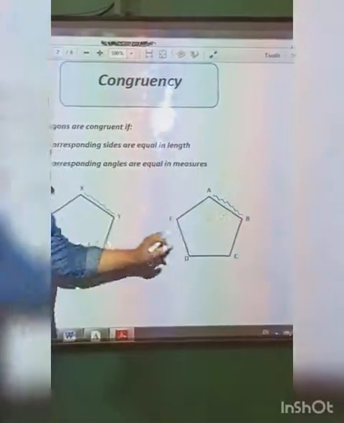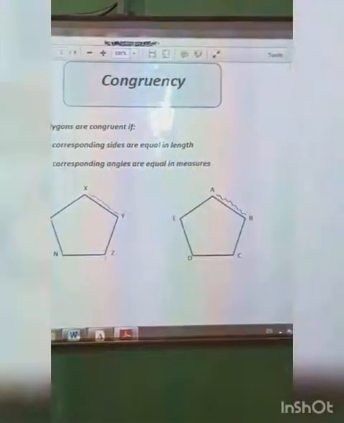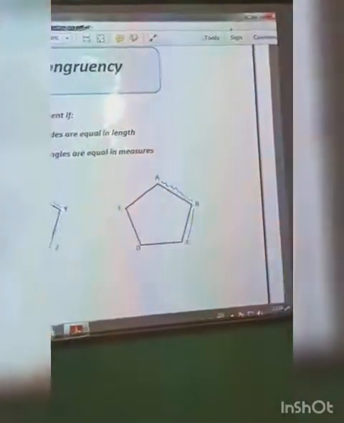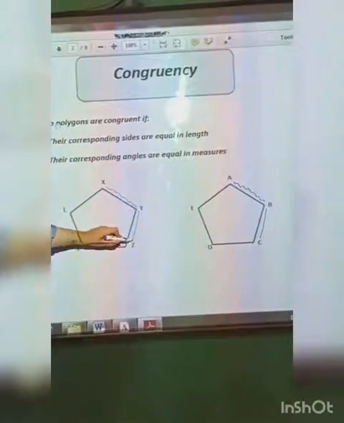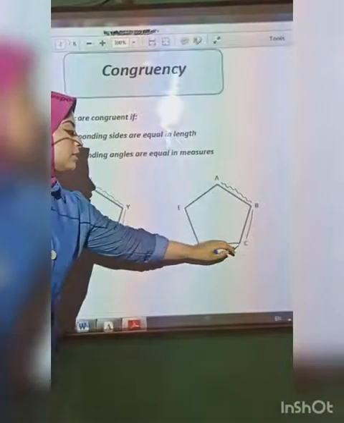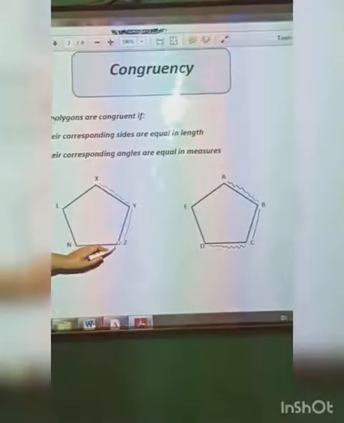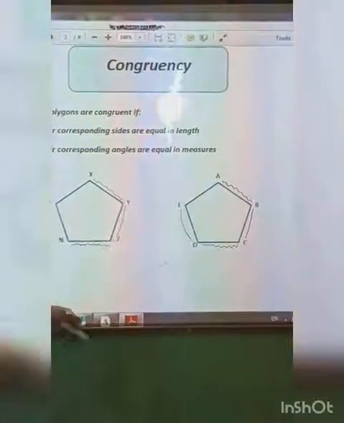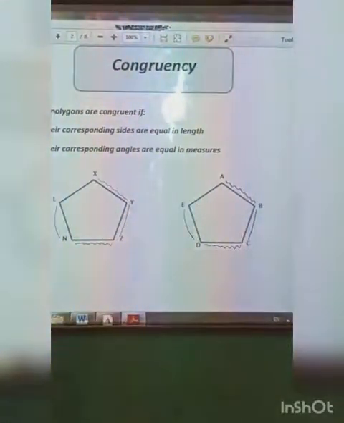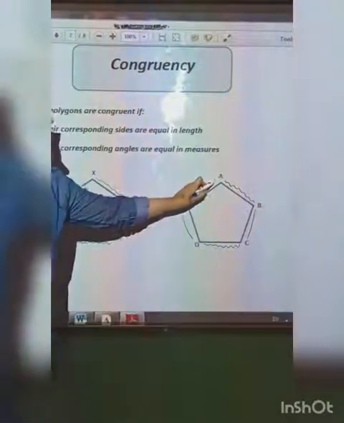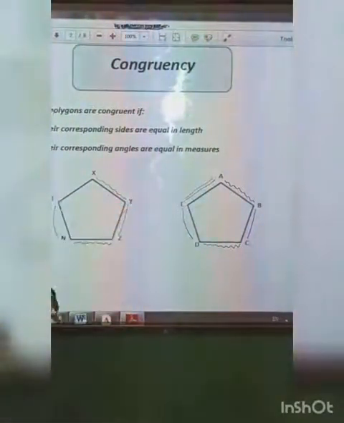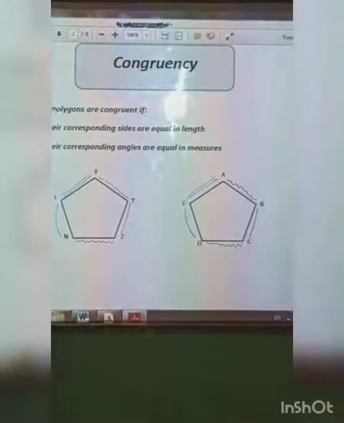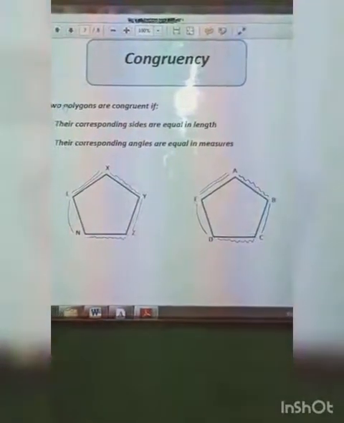If AB equals XY, and BC equals YZ, and CD equals ZN, then DE equals NL, and finally AE equals XL. So I prove the first condition.